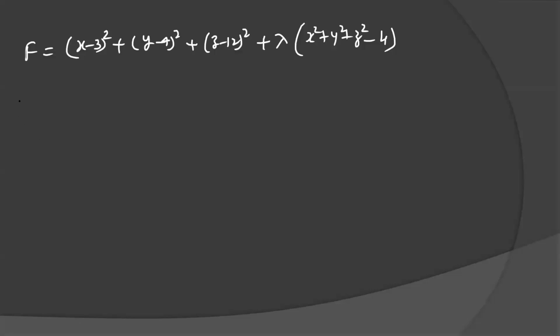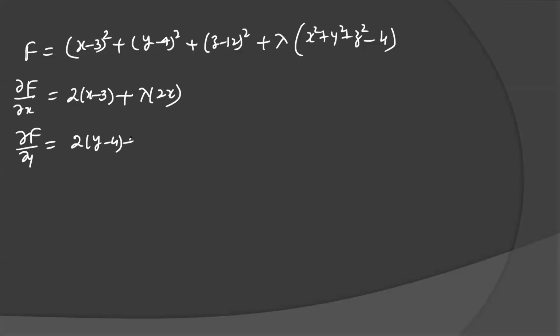Now we will use step 2. Del F by del x will be 2 into x minus 3 plus lambda into 2x. Del F by del y is 2 into y minus 4 plus lambda into 2y. Del F by del z is 2 into z minus 12 plus lambda into 2z.